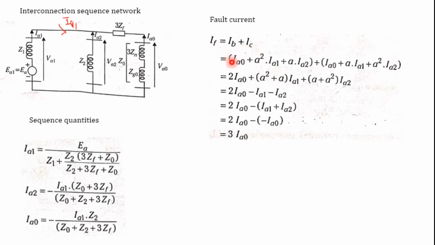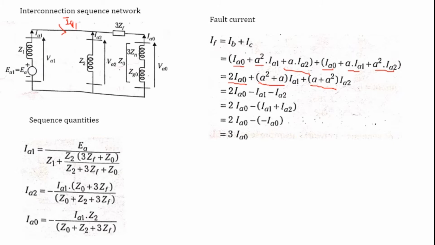Okay, the fault current between the circuit, the B and the C: Ib is equal to Ia0 plus a squared Ia1 plus a Ia2, and Ic can be written as Ia0 plus a Ia1 plus a squared Ia2. Looking into that, the Ia0 terms we can write as 2 times Ia0. Then a squared Ia1 and a Ia1 give (a plus a squared) Ia1, and a Ia2 and a squared Ia2 give (a plus a squared) Ia2.